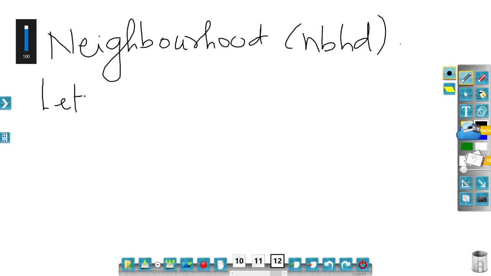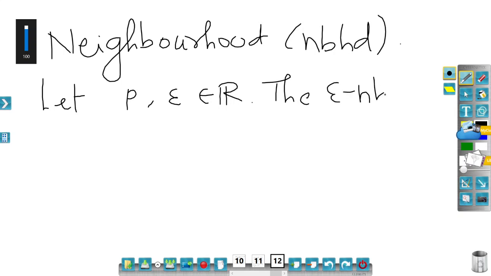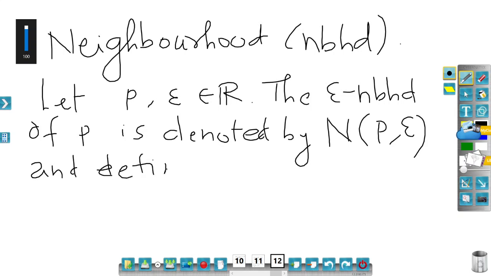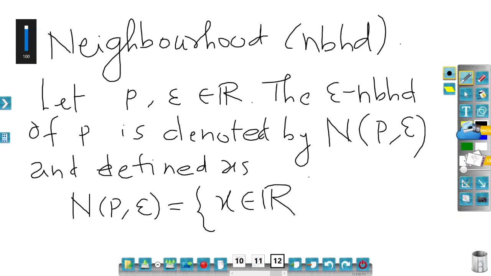So let p comma epsilon belong to R. The epsilon neighborhood of p is denoted by N(p, epsilon) and defined as N(p, epsilon) is nothing but those x belonging to R such that the distance between x and p, that is modulus of x minus p, the difference, when I take modulus, that means the distance between x and p, is less than epsilon.